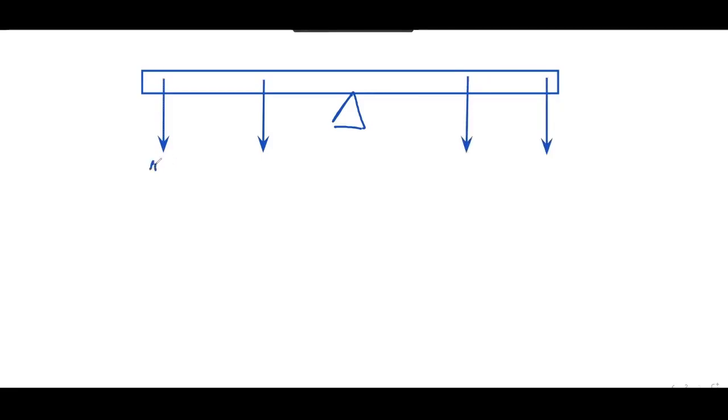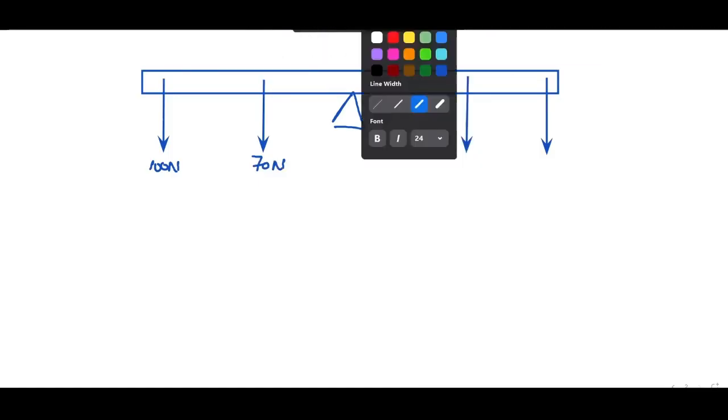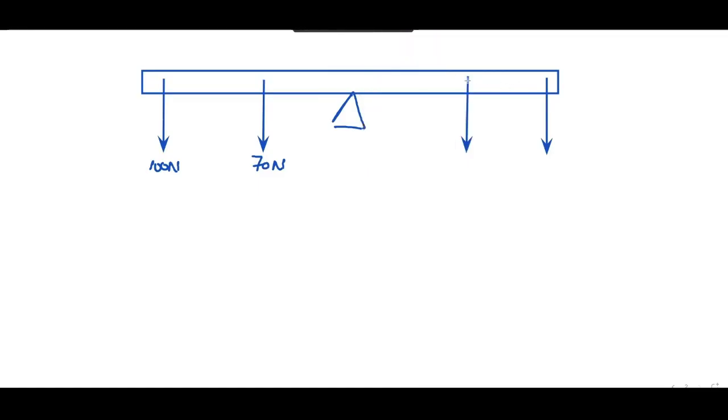Let's say that this is 100 newtons, this is 70 newtons, just let's create a disturbing factor over here. This is 50 newtons, and let's say this is the force that you want to find out, and this is 20 newtons, and all the distances are given to you, but with a slight challenge.